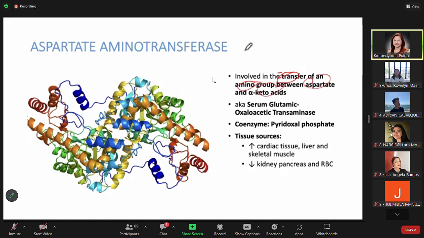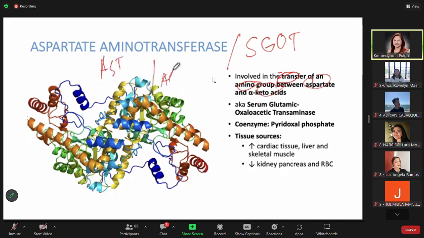Your aspartate aminotransferase was formerly called serum glutamic oxaloacetic transaminase, or SGOT. What should we remember from before? When you are asked, you answer: ask, or AST.